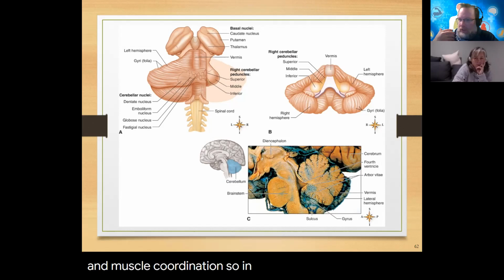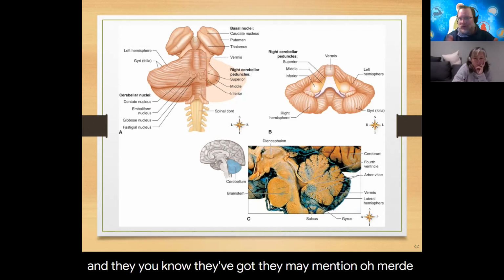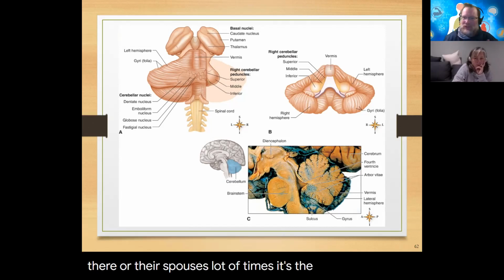So when patients are coming in, they may mention, or their spouses. A lot of times it's the spouse that'll say, oh, he's been running into doorknobs or bumping into the coffee table, or he's been falling a little bit more. We're worried about his balance and stuff. Well, you could have inner ear issues, right?